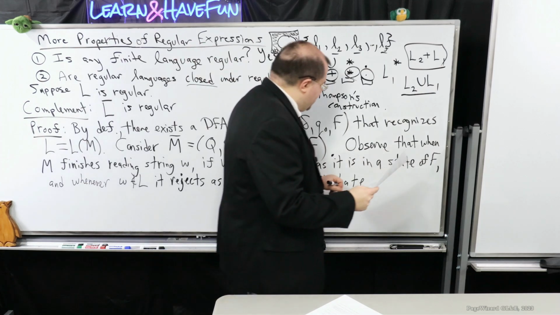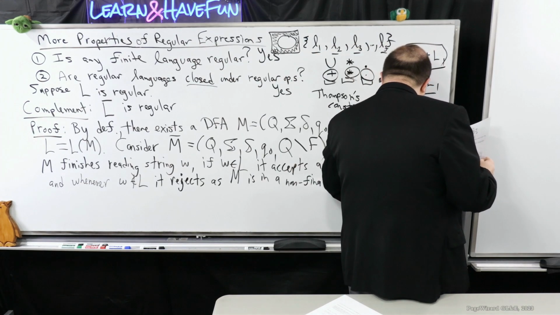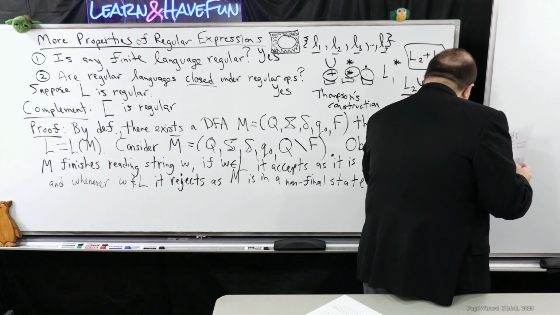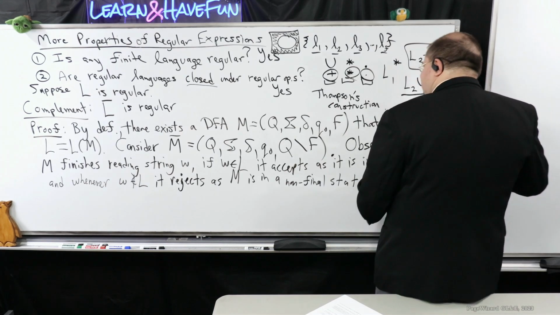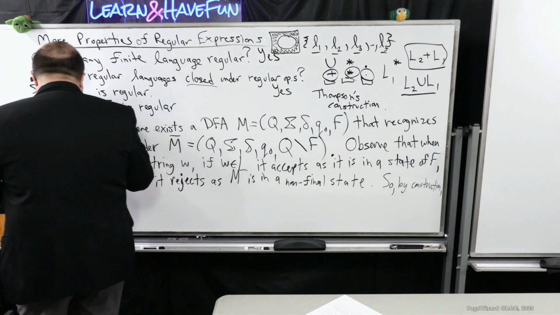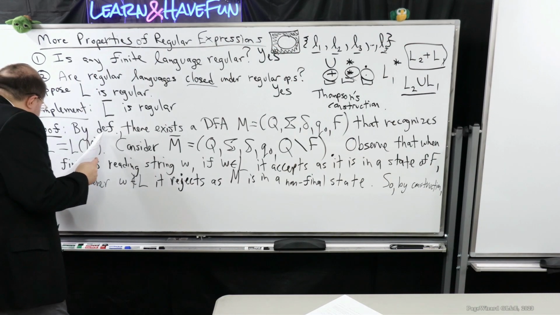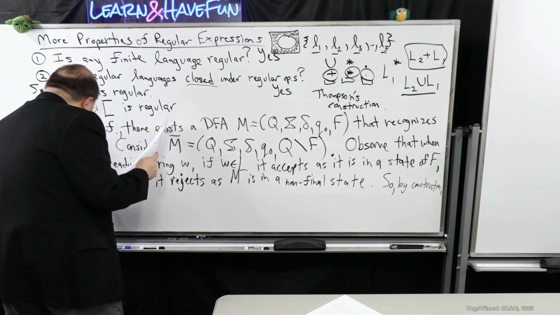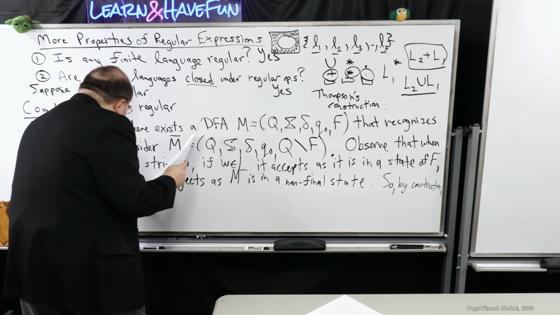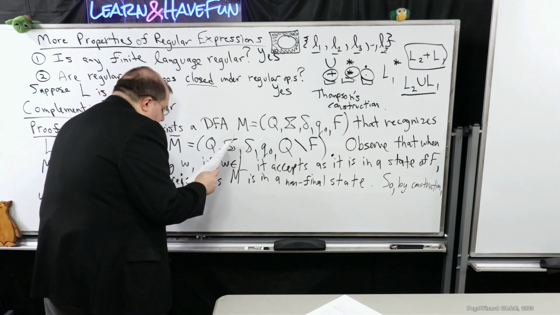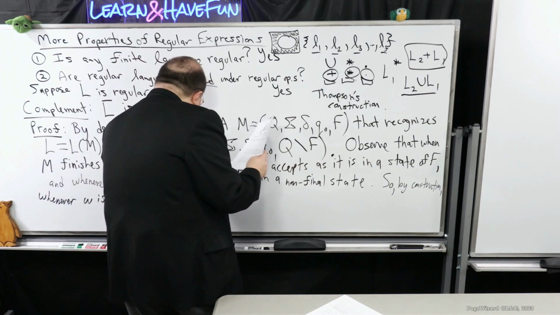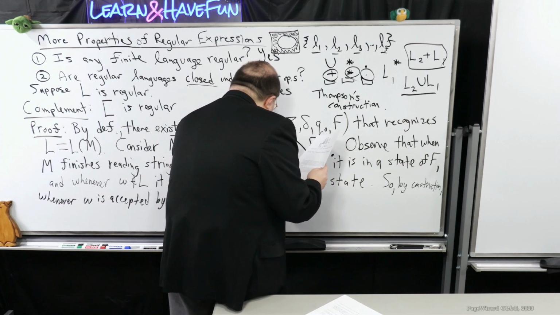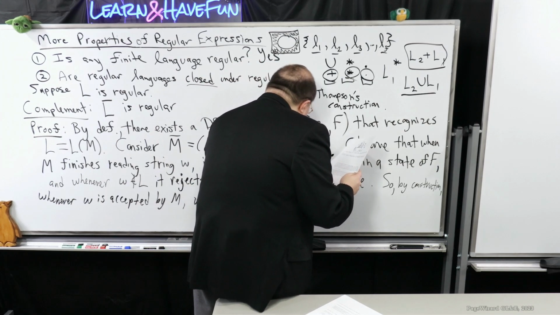So by construction, whenever W is accepted by M, W will be rejected by M bar.